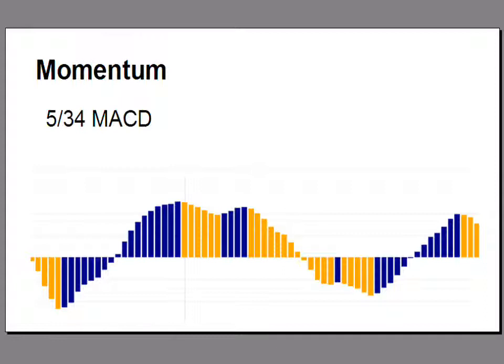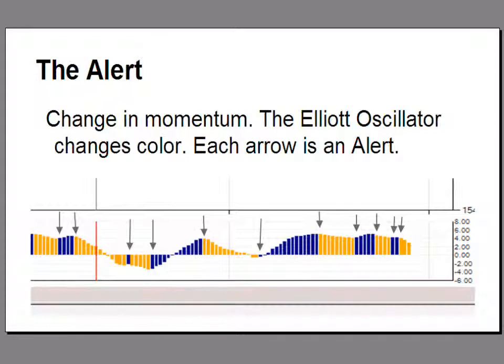The second essential concept is momentum. For momentum, we use a 534 MACD, also called an Elliott oscillator. We've colored histogram bars blue and orange because color experts and psychological studies suggest that this high contrast color combination is psychologically neutral.